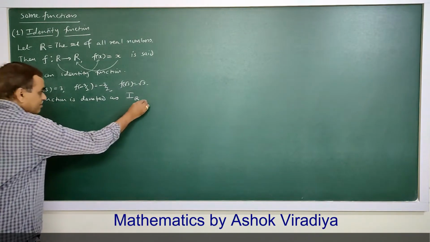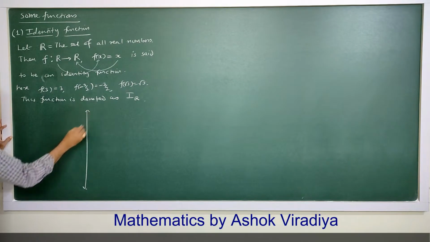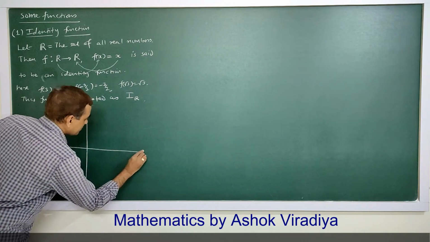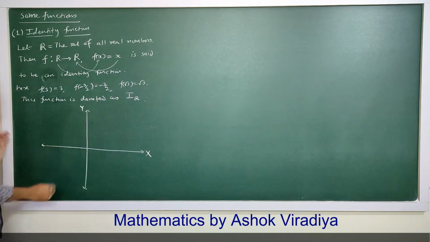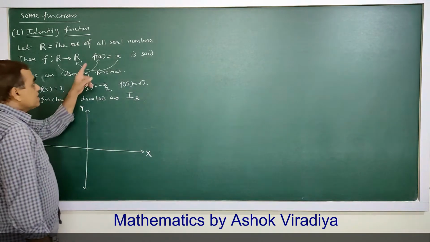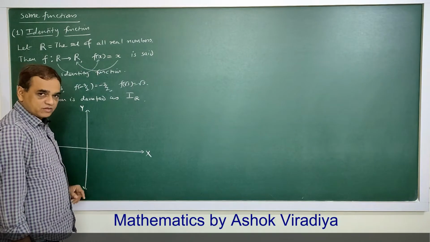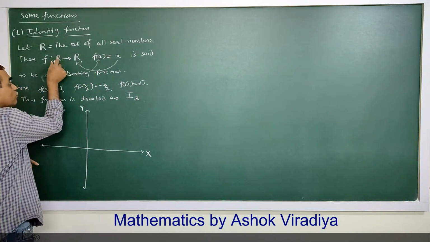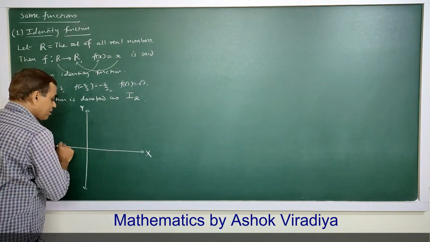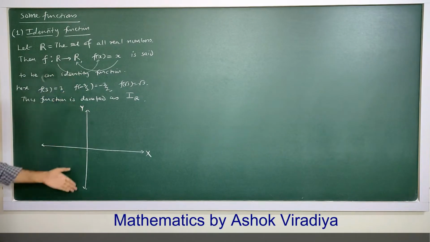Say its graph. Its graph is this: this is the x-axis, this is the y-axis. X is the input, this is the output. Input comes from the domain, so the domain we represent on the x-axis and the codomain we represent on the y-axis.